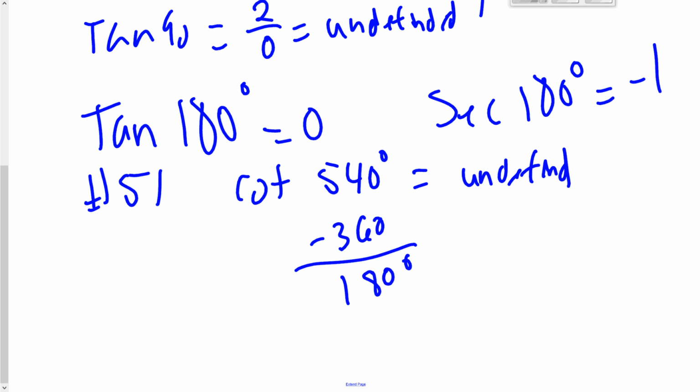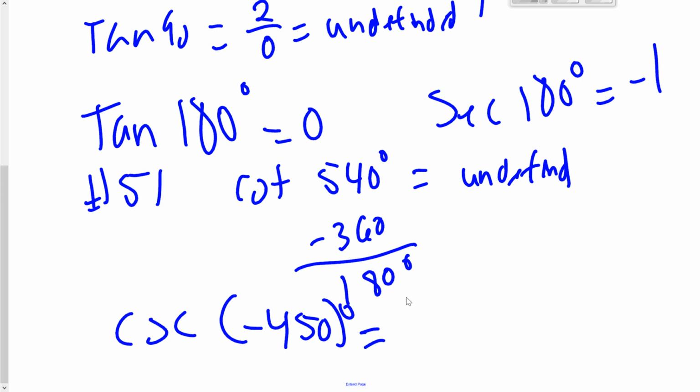Okay, and then 53. Cosecant of negative 450. And here again, you could add 360. Probably have to add 360 twice, right? Because that's negative, to get that coterminal of least positive.